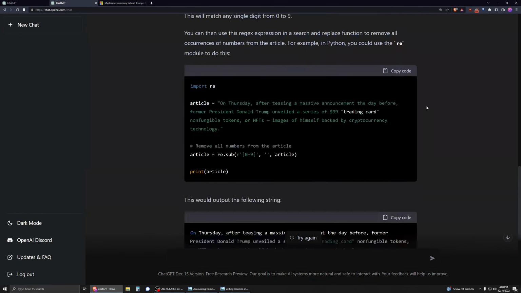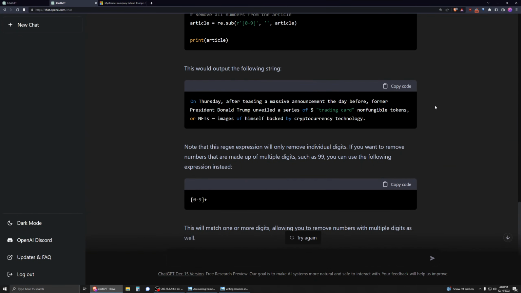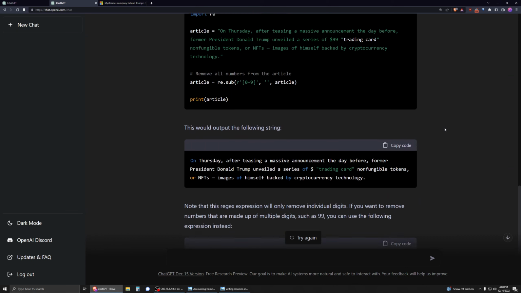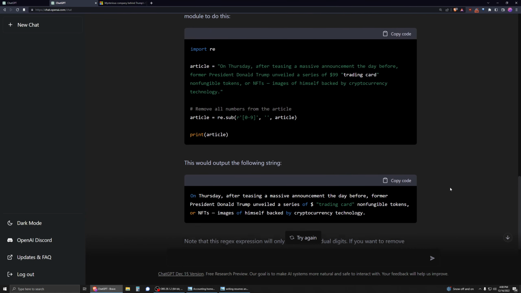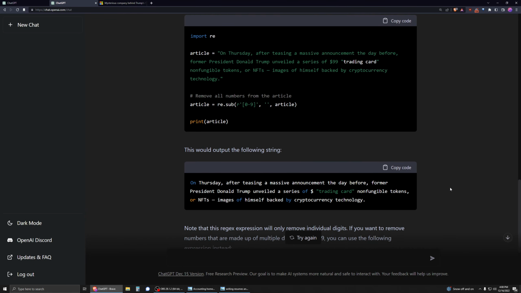So that's useful a lot of the time if you're a programmer. If you're a programmer and you're not using ChatGPT, you should be, because I've used it a ton, and it's so useful. It's useful for things you don't know how to do, and it's even useful for things that you do know how to do, but it saves you the time of writing it.